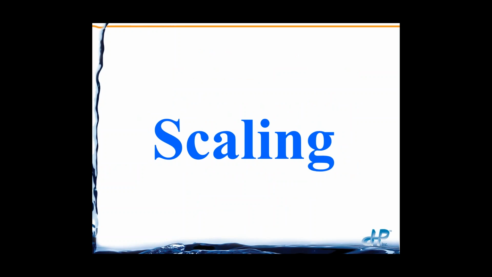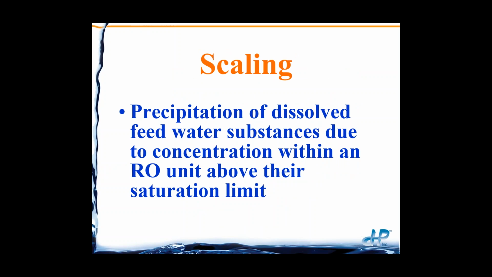So let's talk about why RO units scale and or foul. We'll start with scaling first. And here's the definition that we use. This is not going to be a standard definition that you'd find in a dictionary.